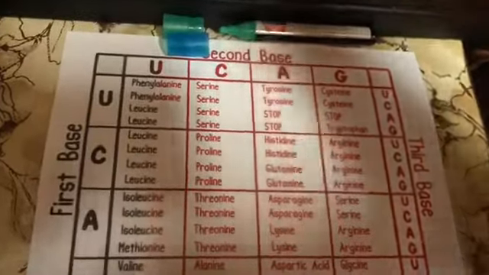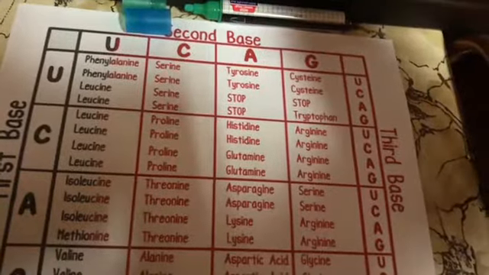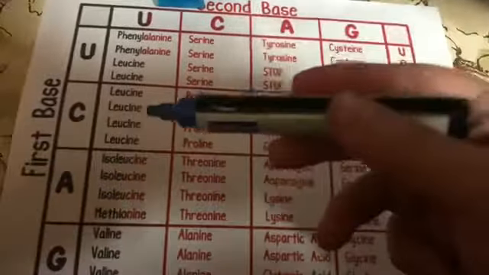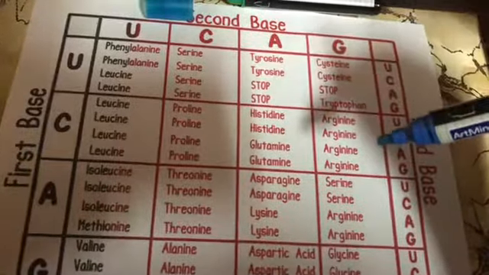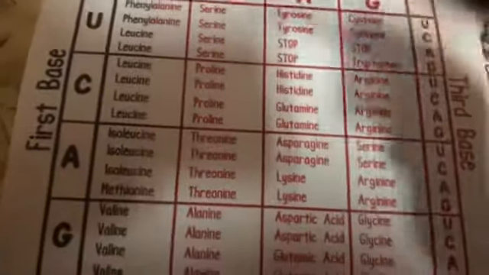is methionine. AAC is asparagine. CGC is arginine. And now here's where our mutation is. Our next one again is AUG.